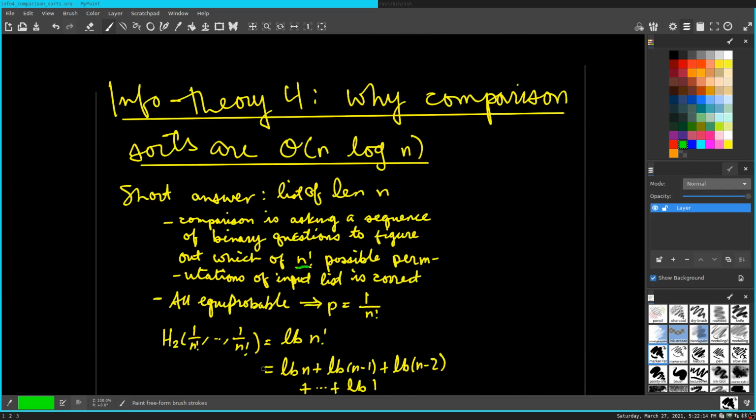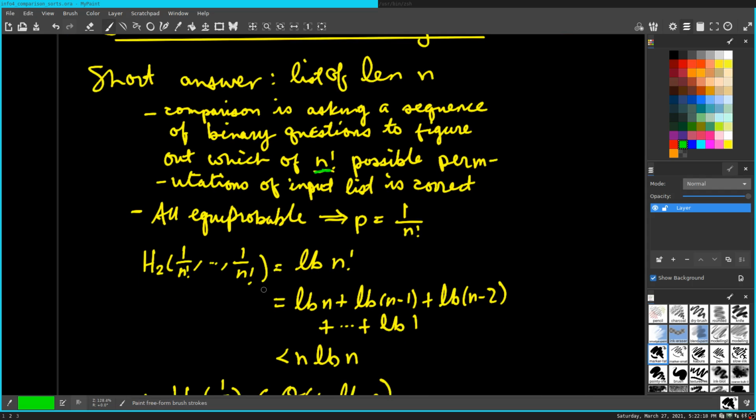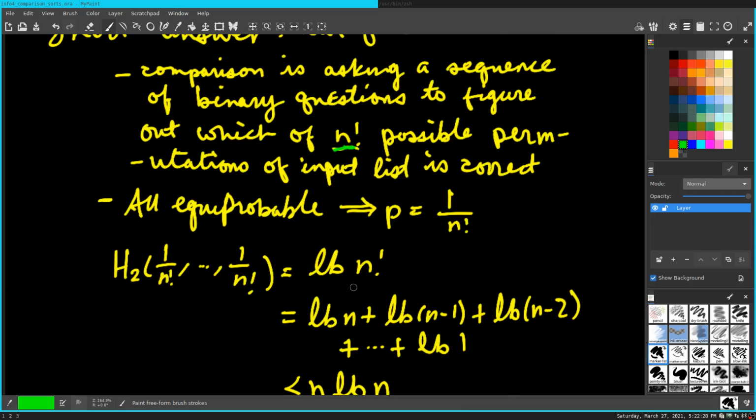And so what this is saying is that any algorithm, on average, is never going to be able to beat the binary logarithm of n factorial questions. So you design some comparison sorting algorithm, on average it is going to have to do log of n factorial comparisons in order to figure out which list is the input list.